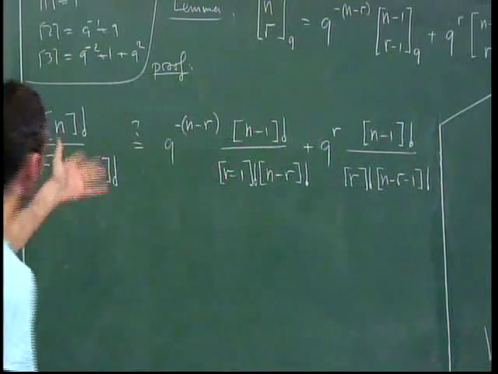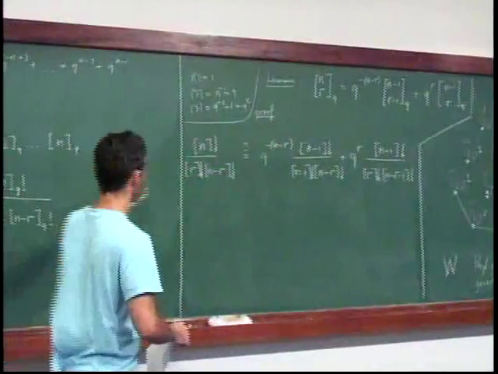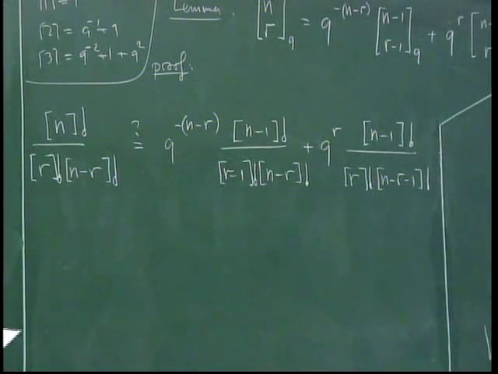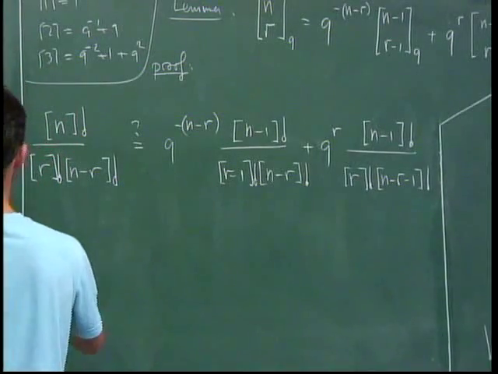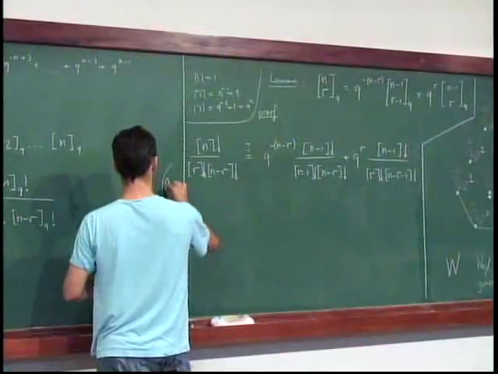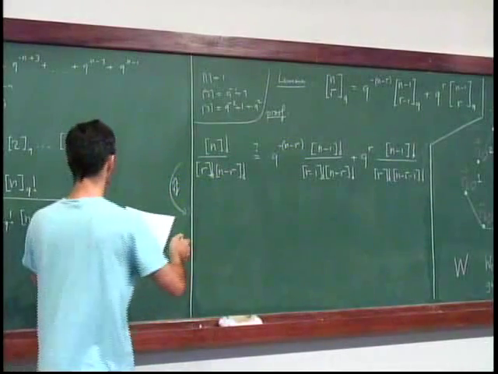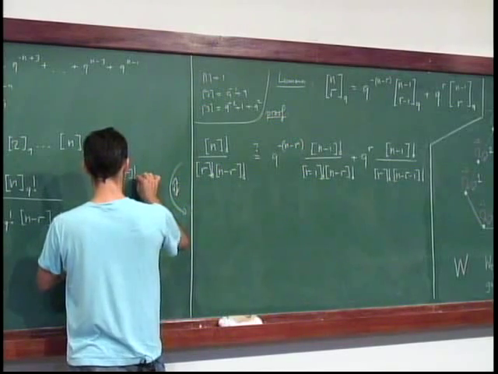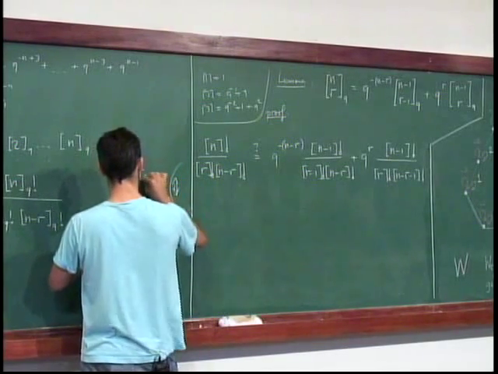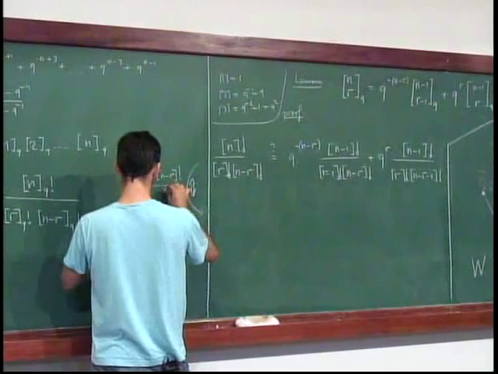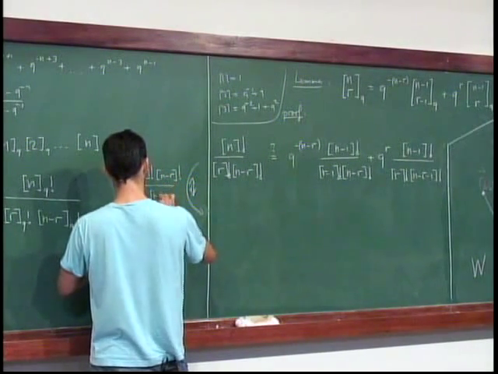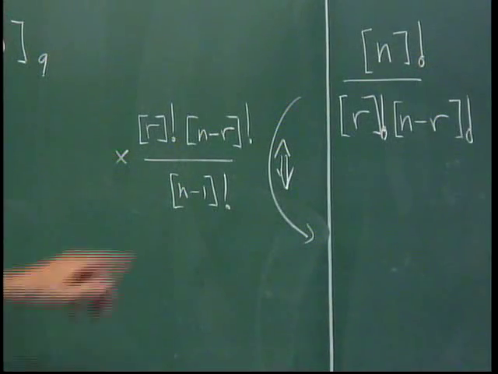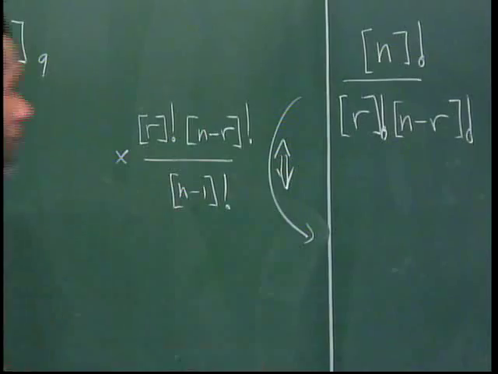Okay, this is what I've just substituted the definition into what we're trying to do. Well, let's take that equation, and that equation is equivalent via the operation of multiplying by r factorial n minus r factorial, divided by, so we divide by n minus 1 factorial.